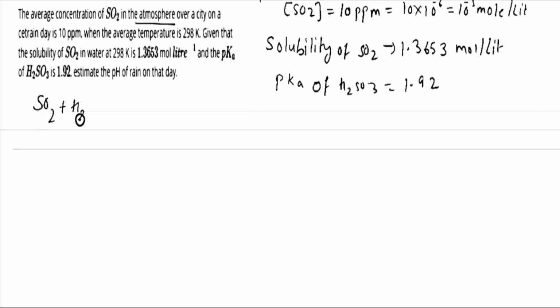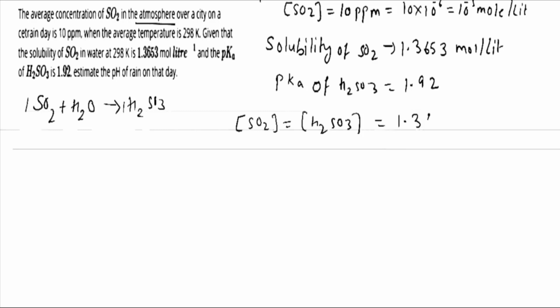SO2 will react with water and give H2SO3. Clearly we can see the stoichiometric ratio of SO2 and H2SO3 is 1. So we can say that the concentration of SO2 will be equal to the concentration of H2SO3, and that will be equal to the solubility, that is 1.3653 molarity.